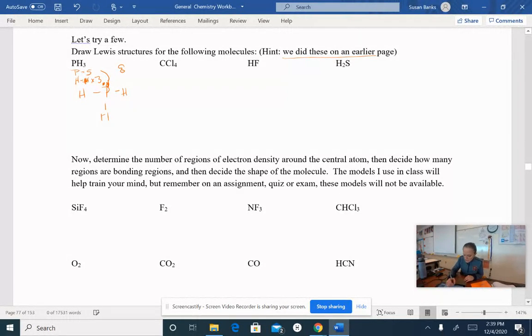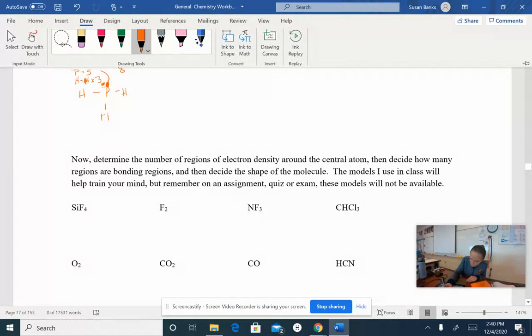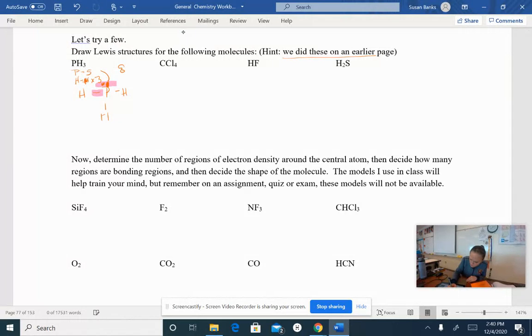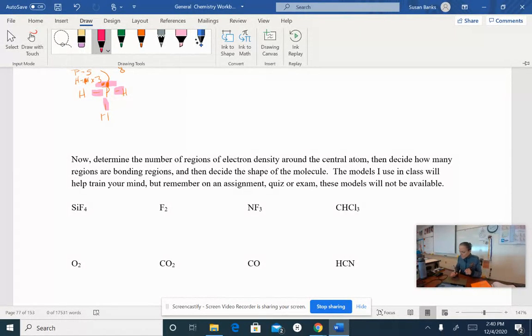So here is my Lewis structure. I have 4 areas of electron density. Let's highlight them really quick. I have 1, 2, 3, 4 areas of electron density around that center atom. But notice that 3 of them are bonds and 1 of them is a lone pair.